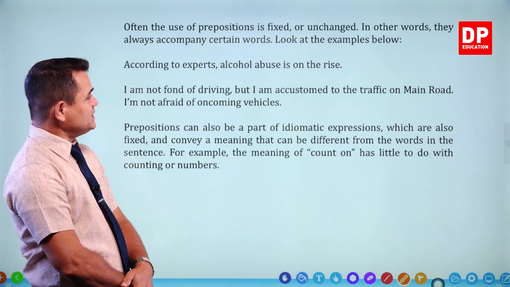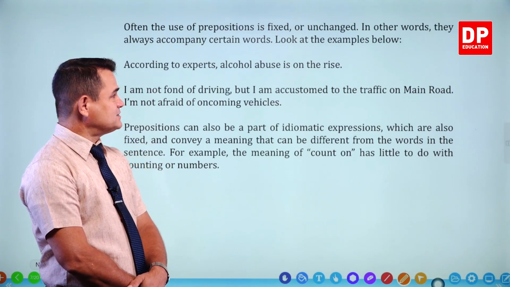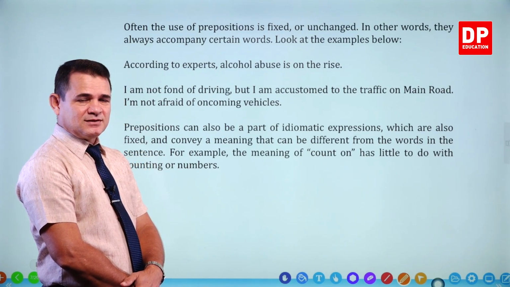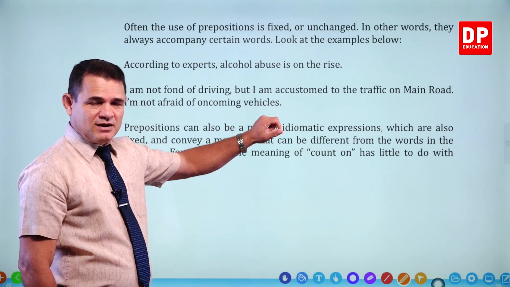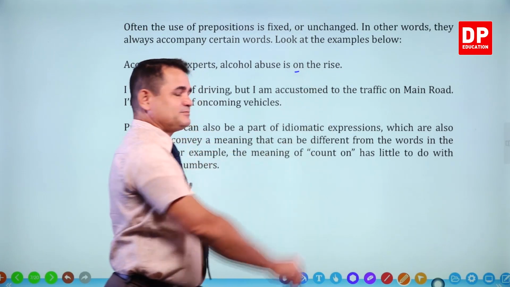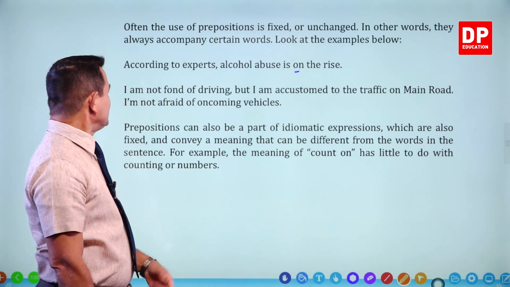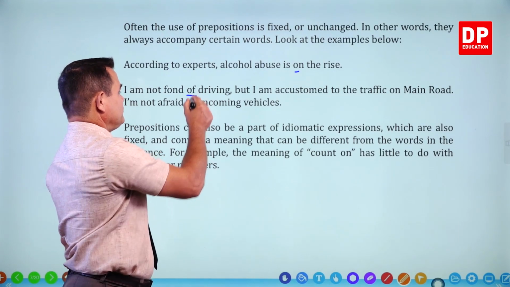Alcohol abuse is on the rise. On the rise. Alcohol වැරදි විදිහට භාවිතය එන්න වැඩි වෙලා තියෙනවා. On the rise. I'm not fond of driving. Fond of.